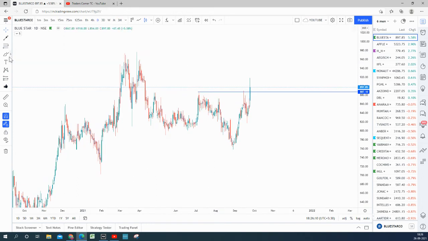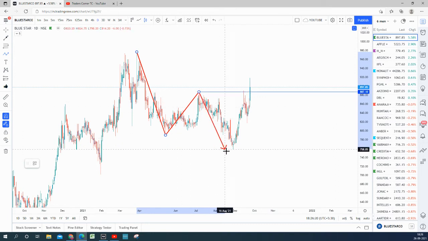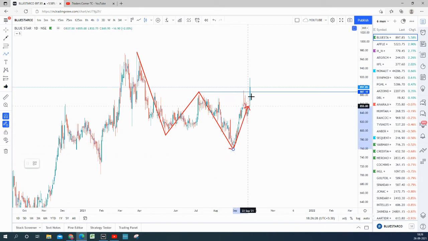So here I can show you, this is the high, higher low, lower high, it made a lower low here. Now what has happened? From the lower low, price gave us a solid green candle closing in the weekly time frame.